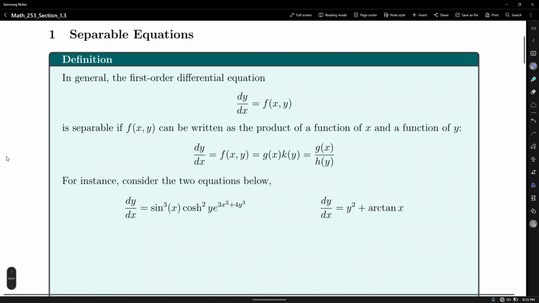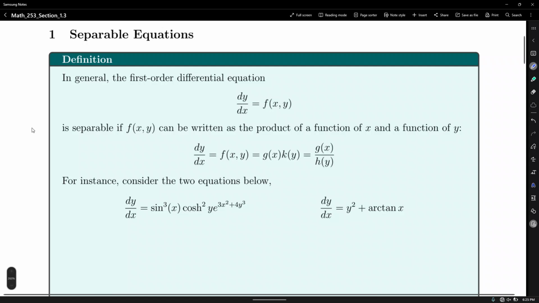It's separable if this function f(x, y) can be written as the product of a function of x and y independently, right? Or a quotient. I mean, technically a quotient is a product, of a number and the reciprocal of a quantity. So this is still a product anyway.